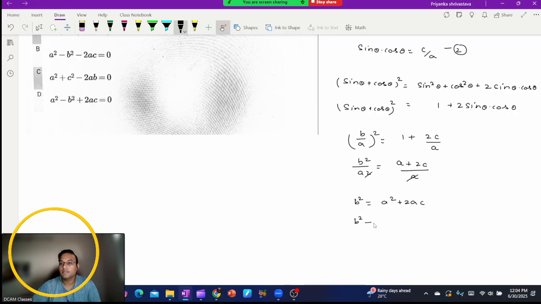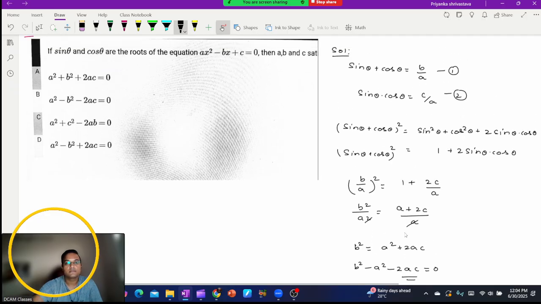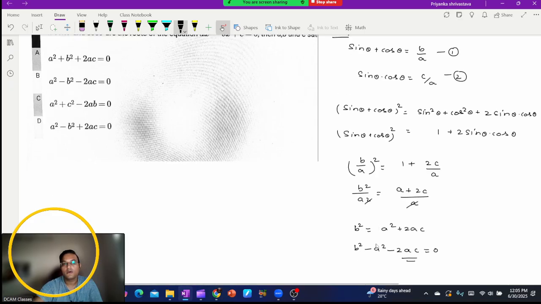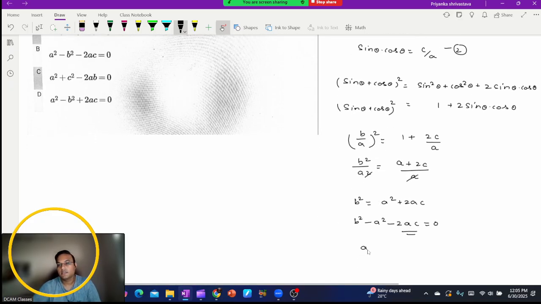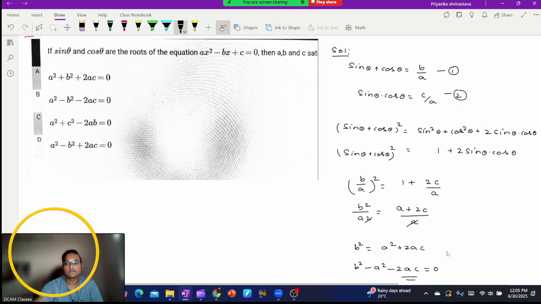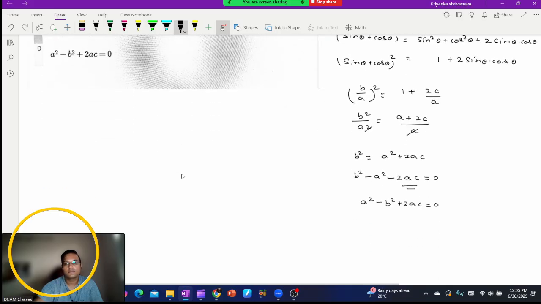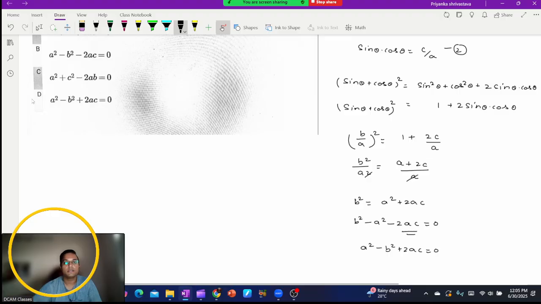So B square minus A square minus 2AC is equal to 0, or I can write it as A square minus B square plus 2AC is equal to 0. Option number D.